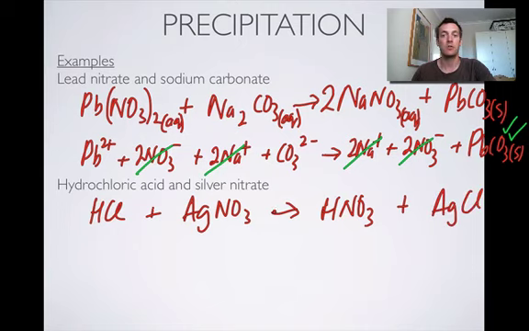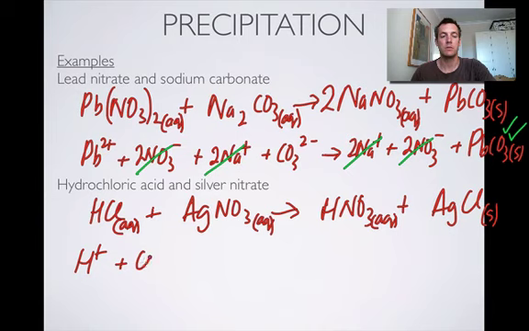We can look up now on our data sheet what's soluble and what's not. All nitrates are, okay? And all acids are as well. Okay, but AgCl is a chloride that isn't soluble, so it's going to form a solid or a precipitate. What are all the ions here?